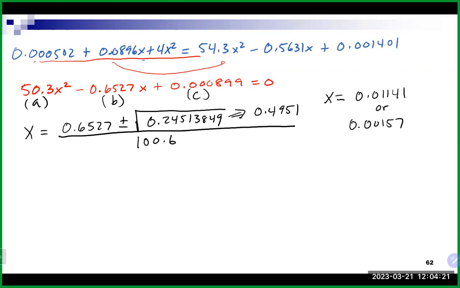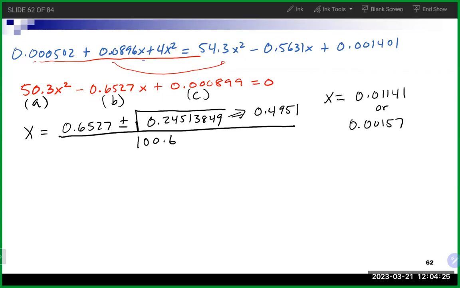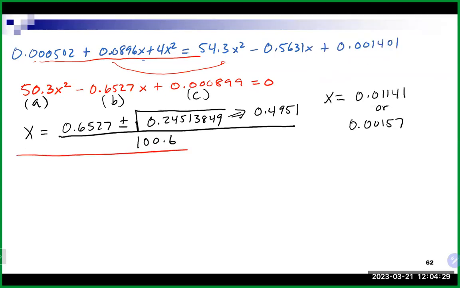Okay, so looking at our ICE table as a guide, what I'm going to do is just write the equilibrium part of our ICE table. At equilibrium, we have H2, I2, and 2HI.